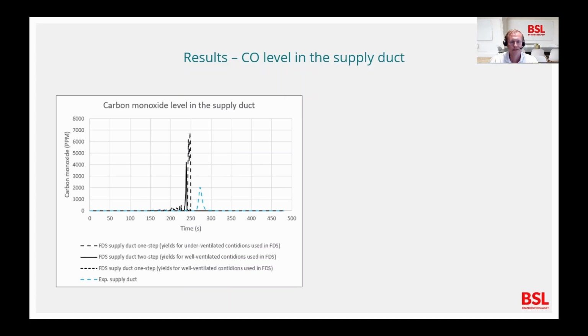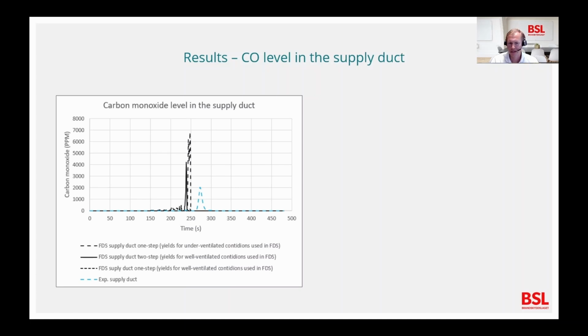If we instead look at this line, we see results from using the same yields, but instead using two-step simple chemistry. This time the magnitude of the peak better matches the experiment. However, the total amount spread is slightly underestimated.